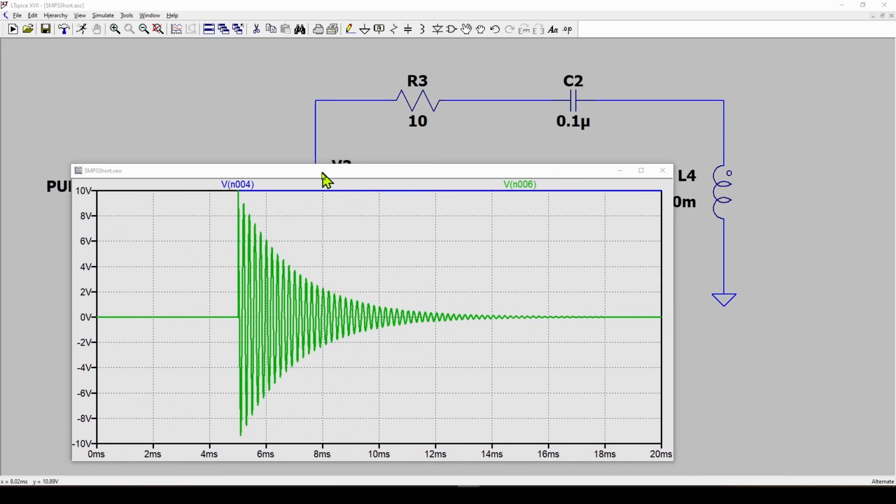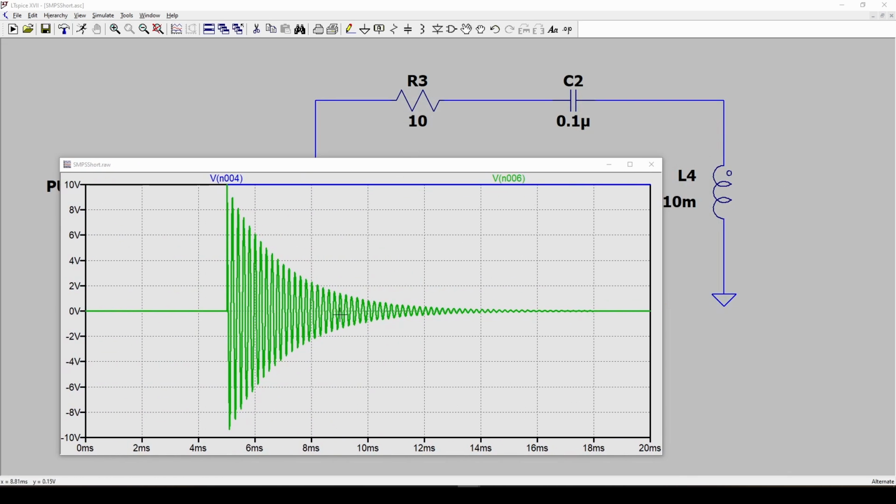It's saying that you can basically look at this output waveform and determine the relative amount of resistance in this circuit. And the way you do that is, for example, with 10 ohms in the circuit, I can look at this waveform and measure the number of peaks above, say, 5 volts. Here I've got 1, 2, 3, 4, 5, 6, 7, maybe 8 peaks above 5 volts.